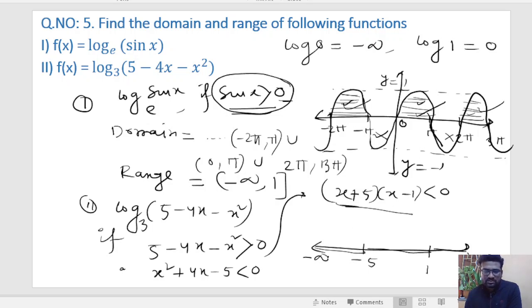Okay, so we take x equals minus 6, putting it in the given function: minus 6 plus 5 is minus 1, and minus 6 minus 1 is minus 7.